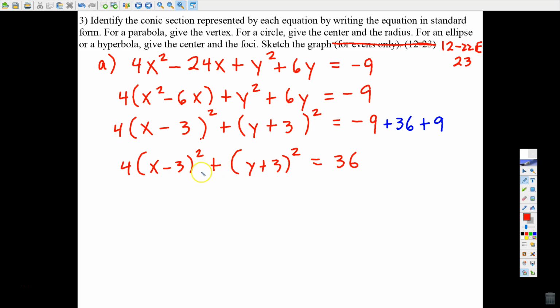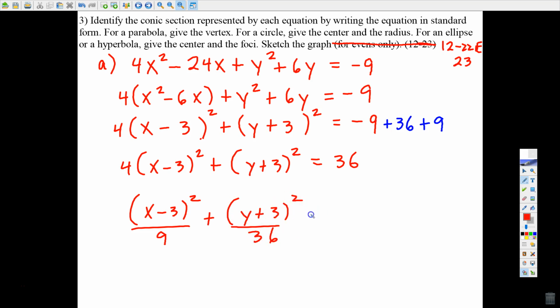And it can't be a circle because, as you can tell, when I divide by 36, I'm going to get different denominators, and that indicates that it's not the same distance all the way around from the center. So dividing by 36 gives me x minus 3 quantity squared over 9 plus y plus 3 quantity squared over 36 equals 1. So this is an ellipse equation.